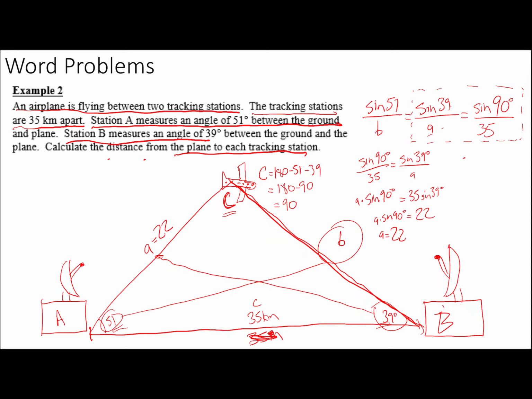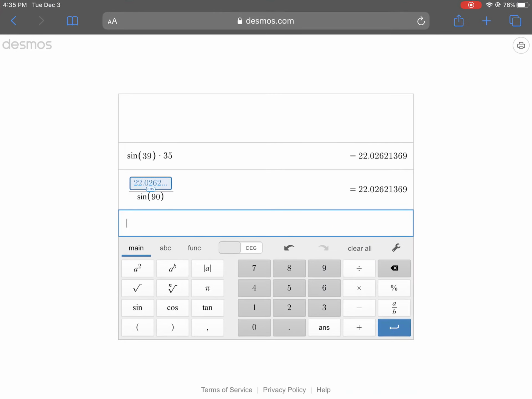Now let's look at the other one. Sine of 51 degrees over B is equal to sine of 90 degrees over 35. So let's cross multiply. B times sine of 90 is equal to 35 times sine of 51 degrees. What's 35 times sine of 51?